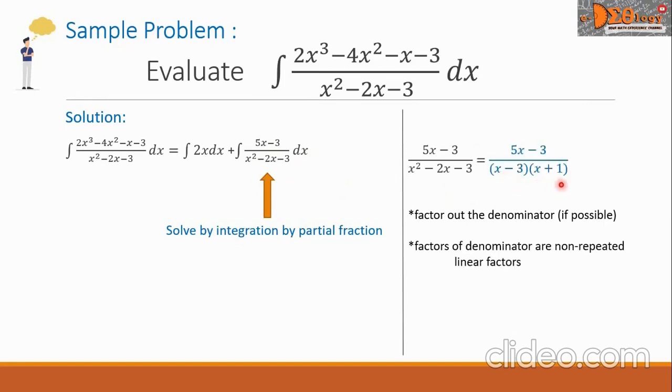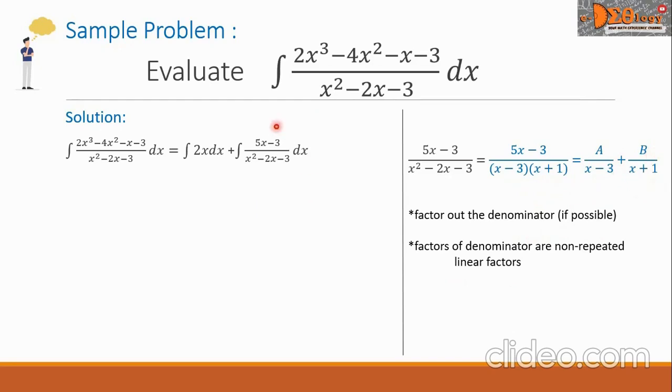Note that the factors of the denominator are non-repeated linear factors. So by partial fraction principle, this is equivalent to A all over the first factor x minus 3 plus B all over the second factor x plus 1.